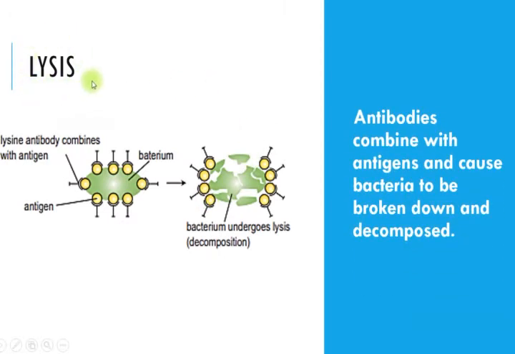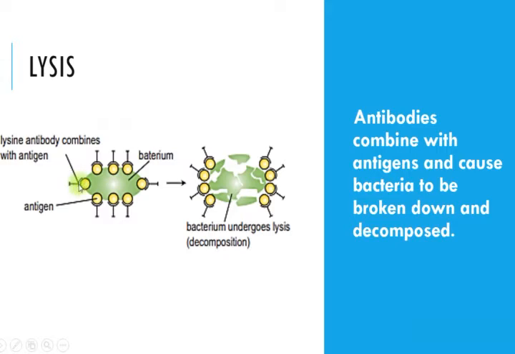Last one is lysis. Lysis refers to the breakdown. The antibodies combine with the antigens and cause the bacteria to be broken down and decompose. What happened here? This is the antigen of the bacteria. The antibodies combine with the antigens.